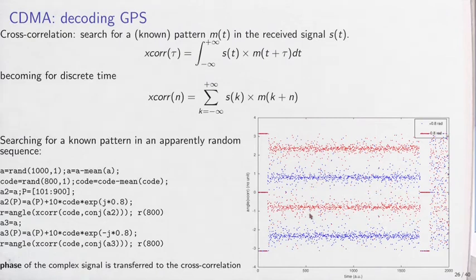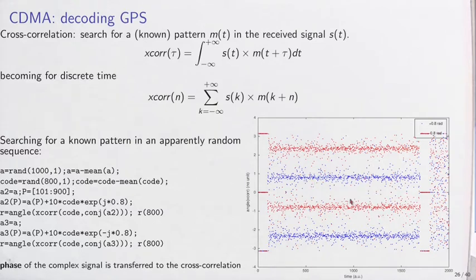We get an output at minus 0.8, that's the correlation over here. And we will see a bit later that this phase is pi dependent, so there is an uncertainty of a factor of pi. We see that we have plus 0.8 and 0.8 minus pi. We have minus 0.8 and minus 0.8 plus pi. So here we see that the phase can be transmitted and recovered after cross correlation as we have just seen.